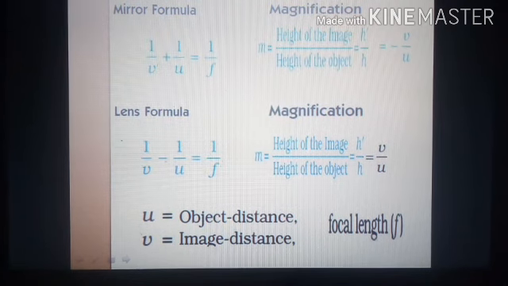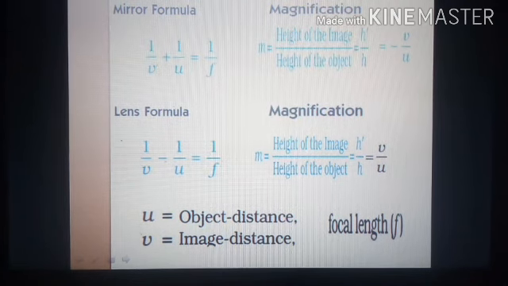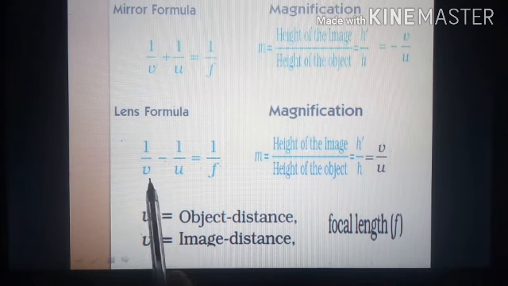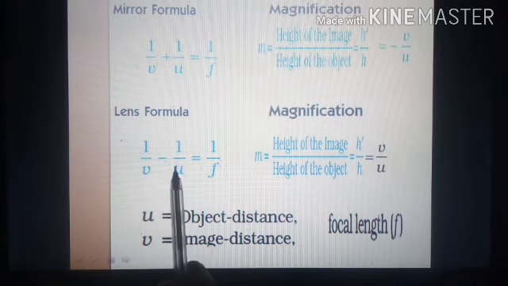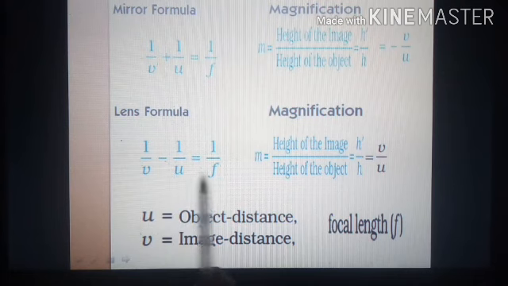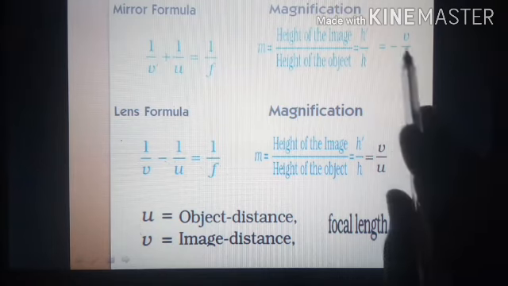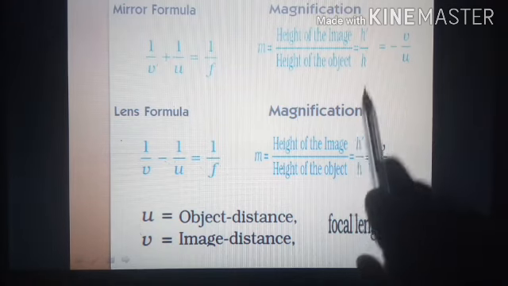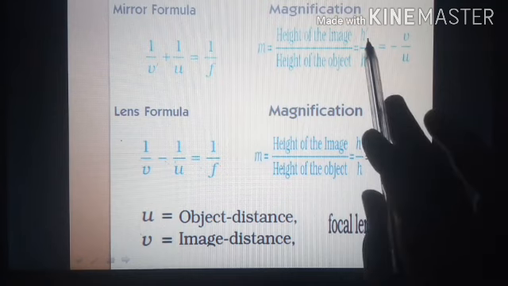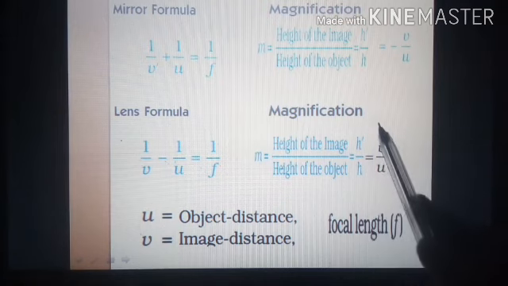Here we can easily find out the unknowns if two of the parameters are given. If u and v are given, we can find f. Suppose u and f are given, we can find v. Suppose v and f are given, you can find the object distance u. At the same time, if v and u are given, magnification is calculated, and if h dash and h are given, magnification can be found.